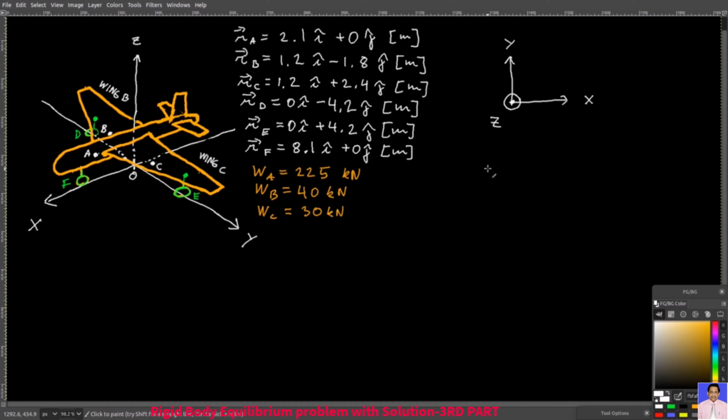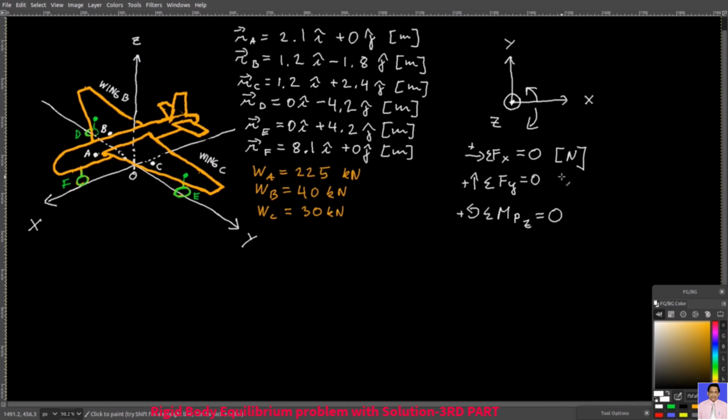Your rigid body equilibrium principles were the following. The sum of the forces in the x direction had to be 0, the same thing for the y direction, and then the sum of the moment about some kind of point P when you rotate about the z-axis, either counterclockwise or clockwise, that sum also had to be 0.